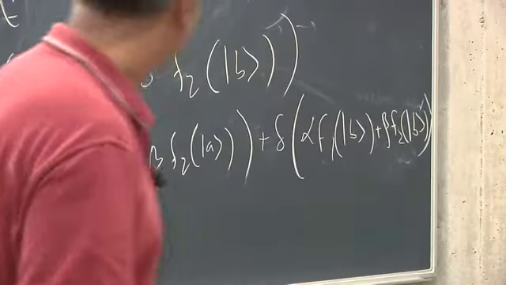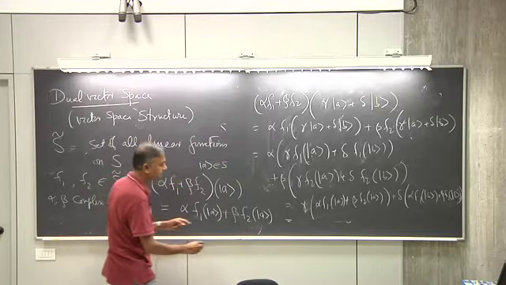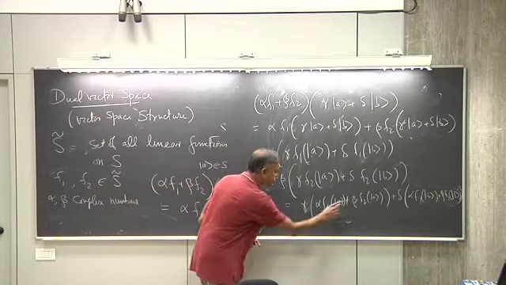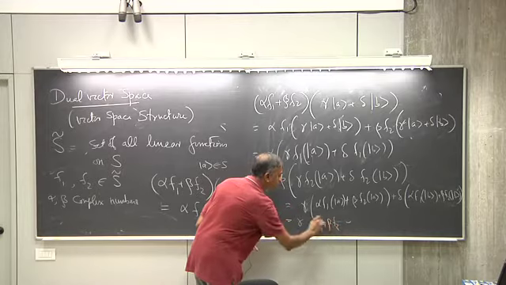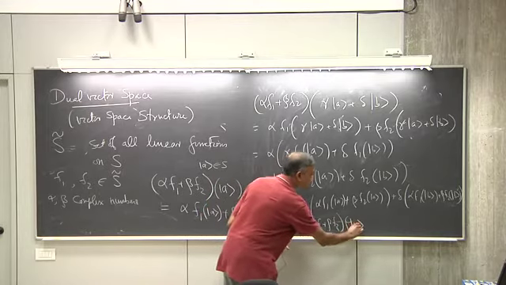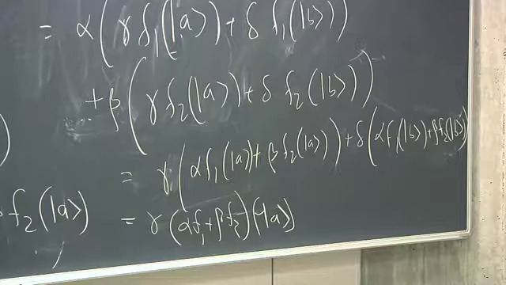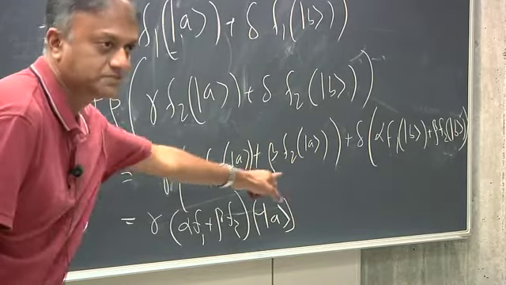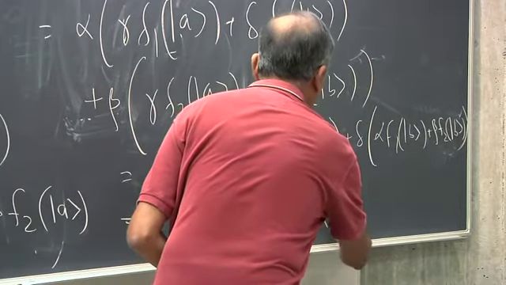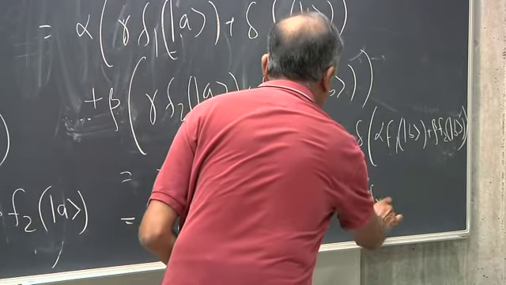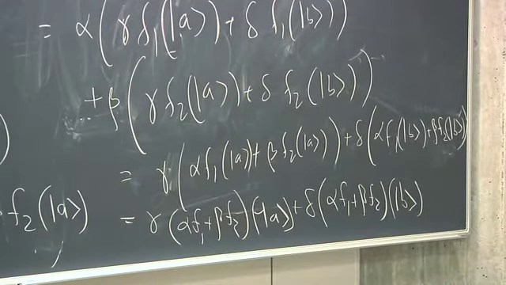Okay. But this by definition is, again, I'm using the same definition here now. This is the same as gamma times alpha F1 plus beta F2 acting on A. If you open this up using this basic definition of addition, you get that first bracket. And similarly here you get plus delta and then alpha F1 plus beta F2 acting on B. Right?